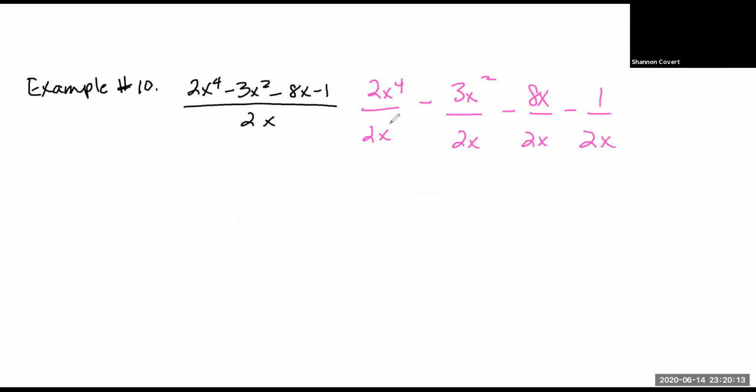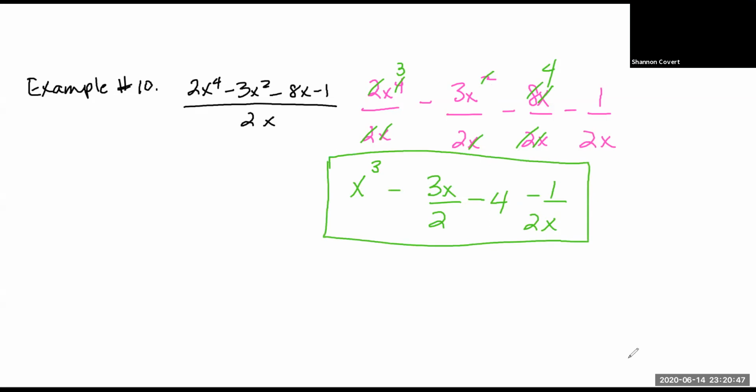And now when we simplify, the 2's divide out. We're left with x to the 3rd. Here that x divides out. I'm left with negative 3x over 2. The x's go, the 2 goes into 8 4 times, so I have minus 4, minus 1 over 2x. So my solution is x to the 3rd minus 3x over 2 minus 4 minus 1 over 2x.